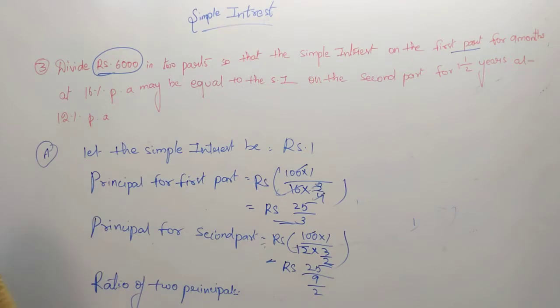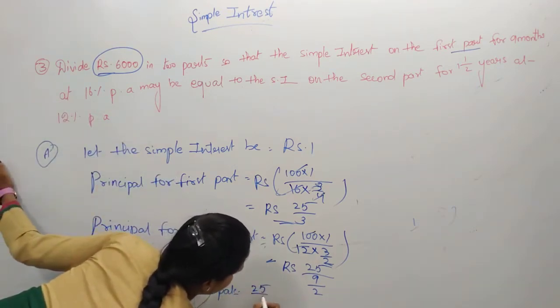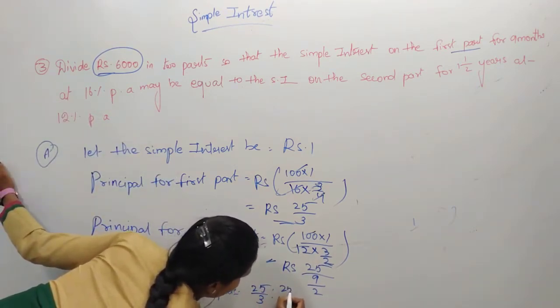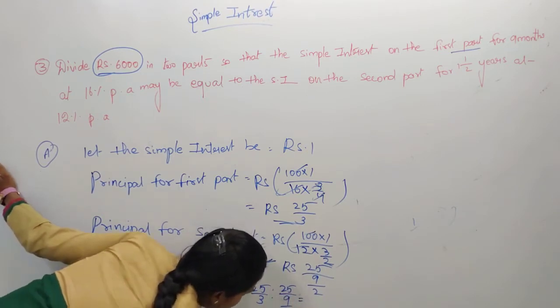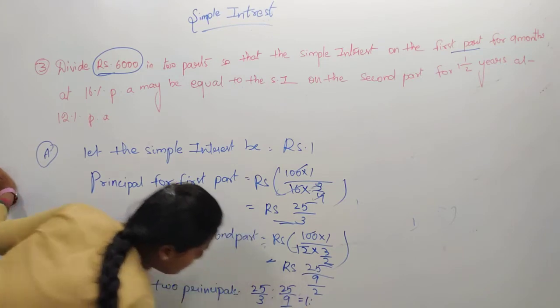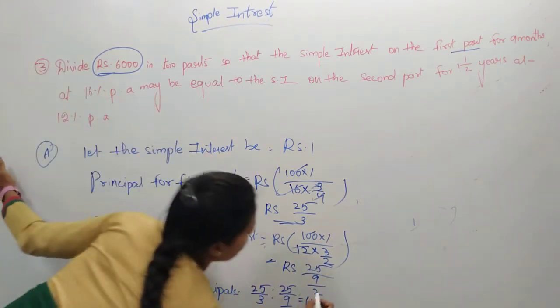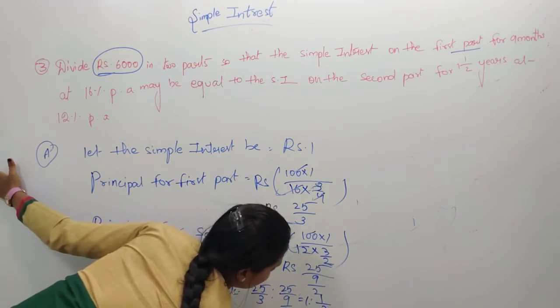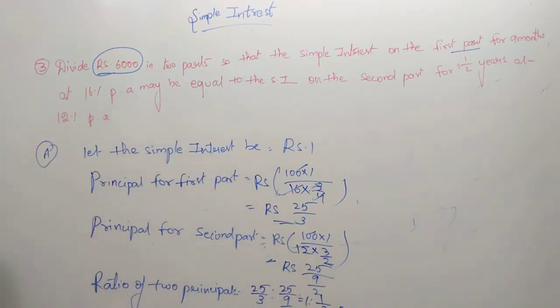For the first part we got 25 by 3, and for the second part 25 by 9 by 2. 25 by 3 is to 25 by 9 by 2. By solving it, how much do you get? 1 by 3 is to 2 by 9, or 1 is to 3 by 2. By solving it, how much do you get?